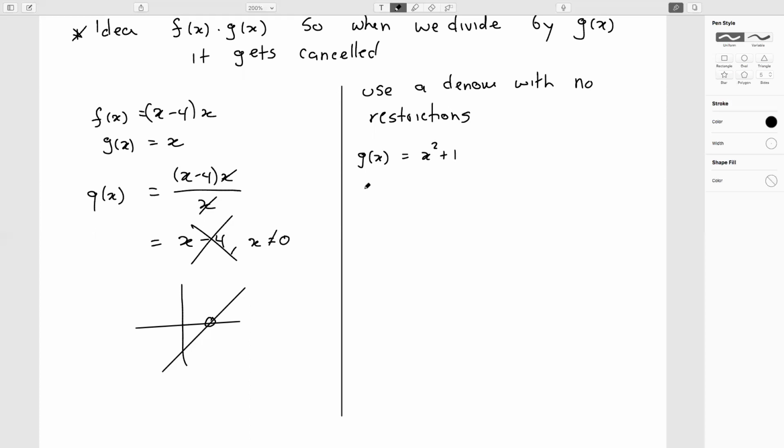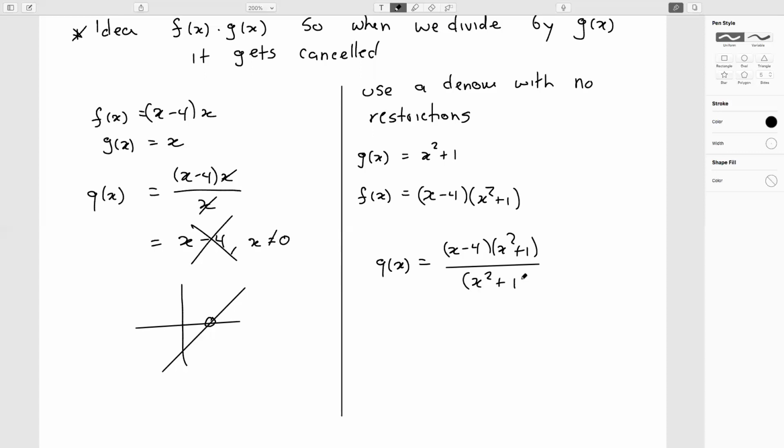Same thing with our numerator. We'll build the numerator. It's going to be x minus 4 times x squared plus 1. So when we find the quotient, q of x, it's going to equal x minus 4 times x squared plus 1, all divided by x squared plus 1.